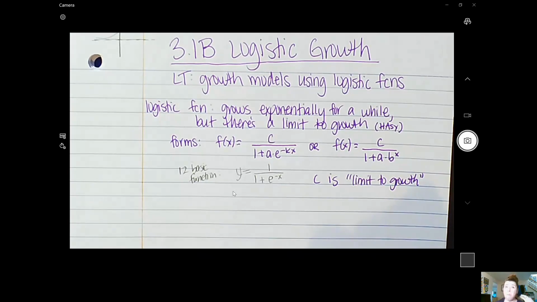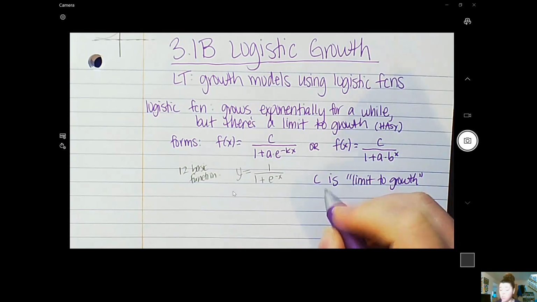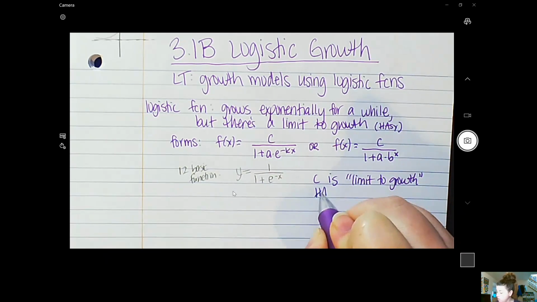It is the maximum number of whatever you're counting that can be in that space. So it's the maximum number of people, it's the maximum number of bacteria, it's the maximum number of deer, whatever the situation is, it's the maximum number that can be held in whatever that space is. And for that reason, it's also the horizontal asymptote.